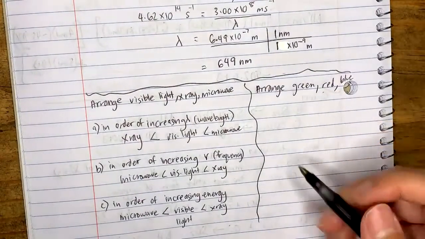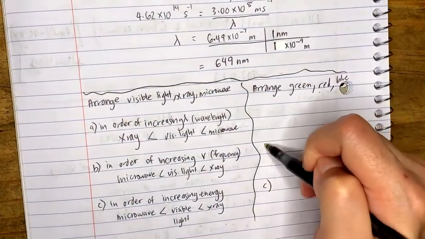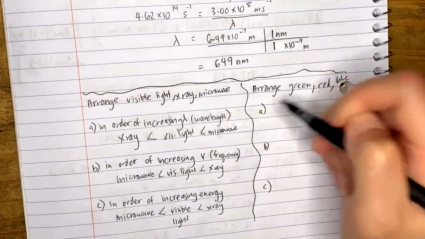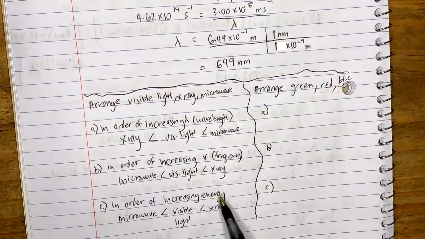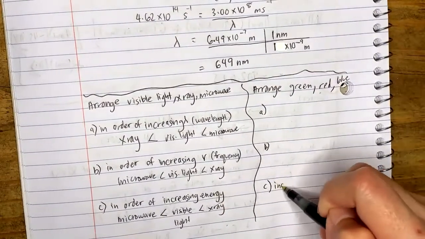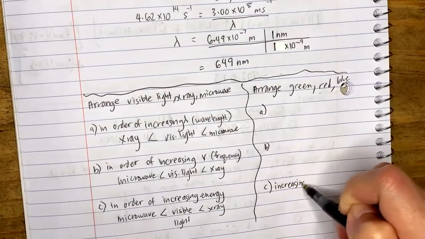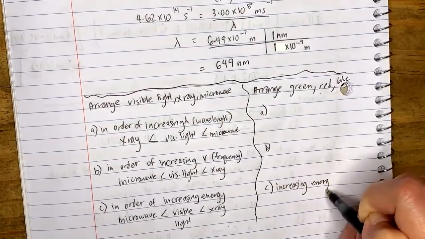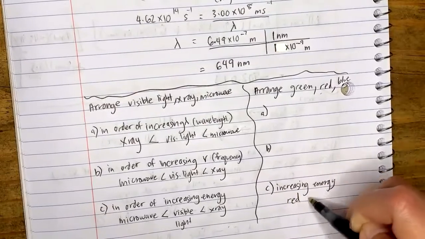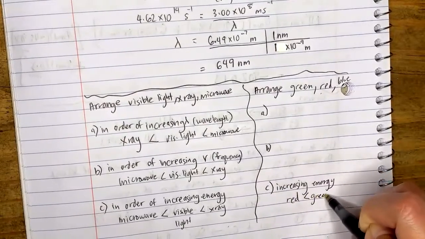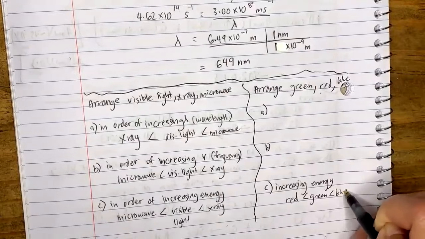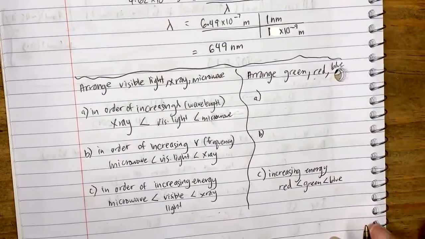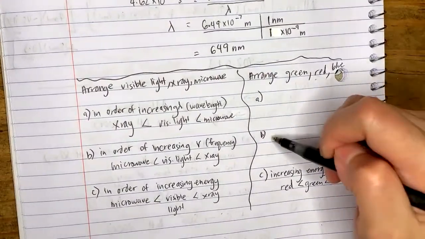So for increasing energy, it would be red going up to green, going up to blue. And energy and frequency are the same pattern.